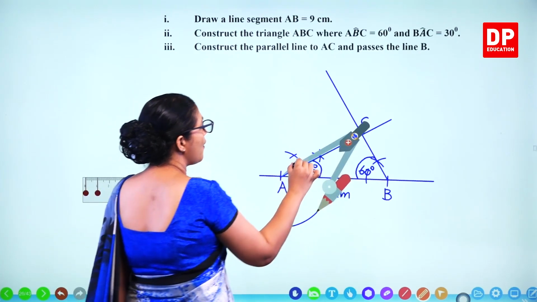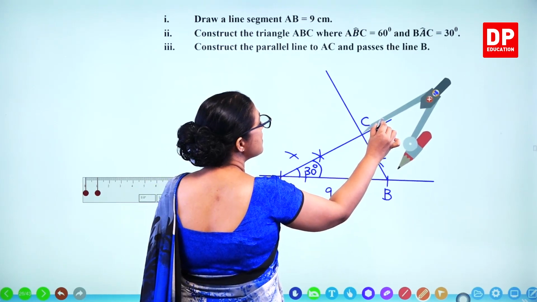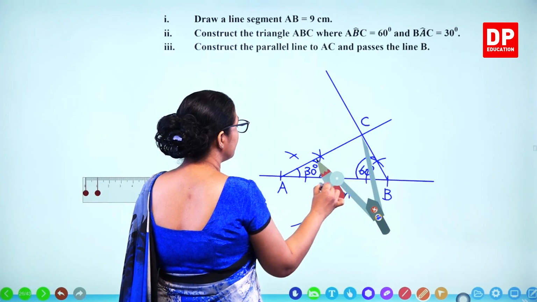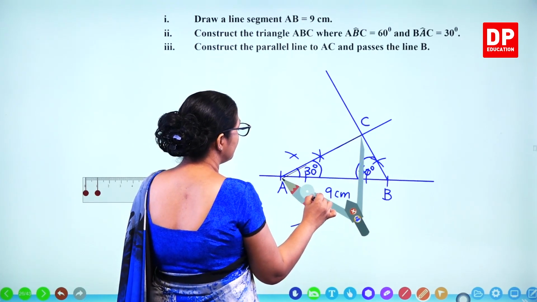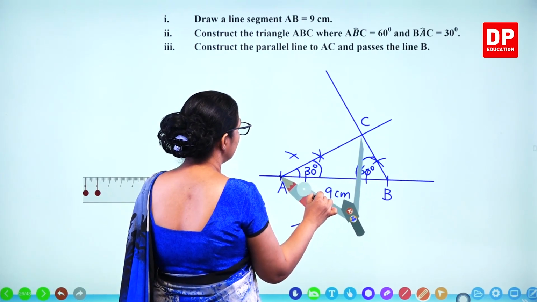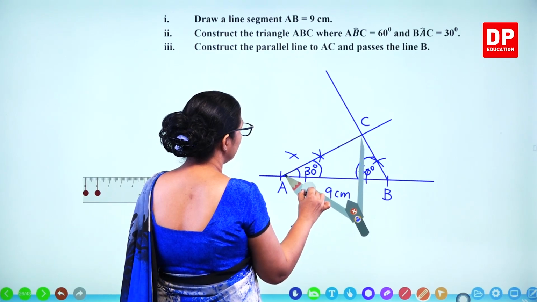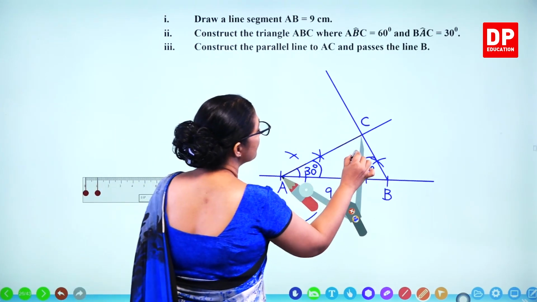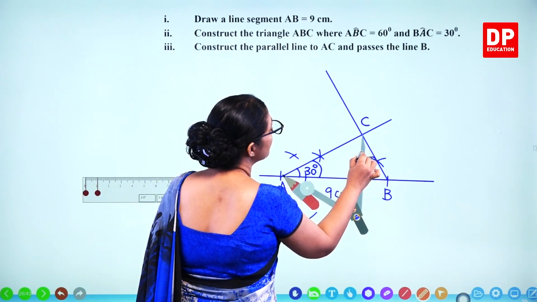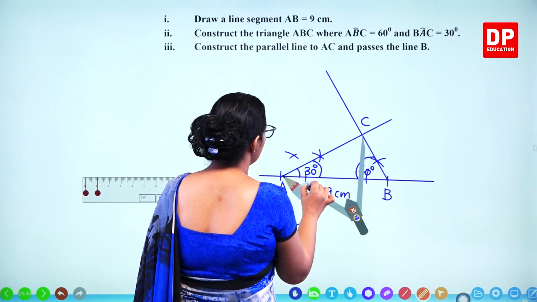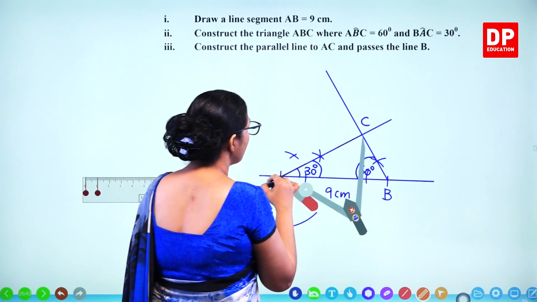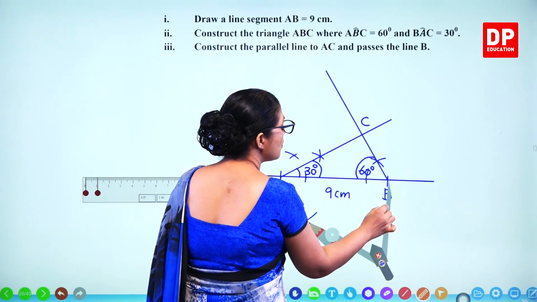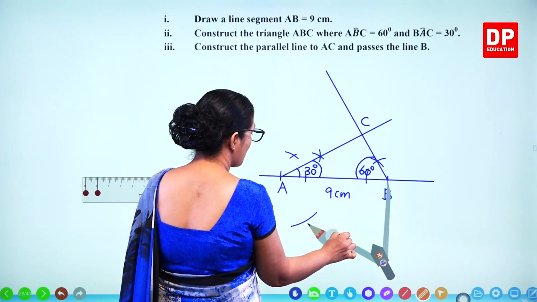Then you take the A to C distance now. A to C distance should be the same as B to this one.